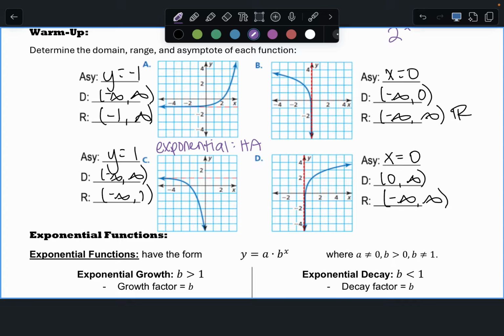This one on the right-hand side is actually going to be the inverse of the exponential function, which we'll talk about today, but you guys will graph on Monday. We call that a logarithm or logarithmic. We'll get into it in the second lesson here. The difference in the graphs is essentially a horizontal versus a vertical asymptote.